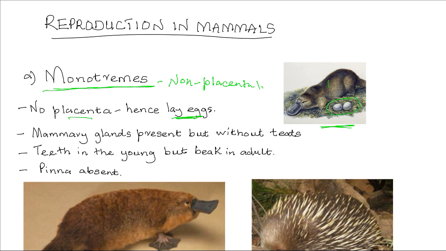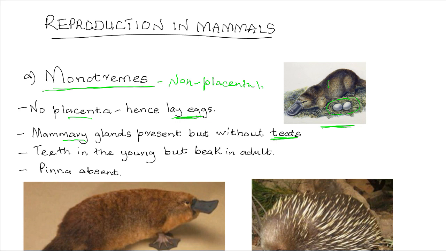Another feature of these monotremes is that even though they have mammary glands, which are glands that secrete milk, these glands do not have specific points through which the milk is secreted. That is, they don't have teats. So the milk is just secreted over the general surface of the glands, and the young ones are able to drink the milk from these glands.